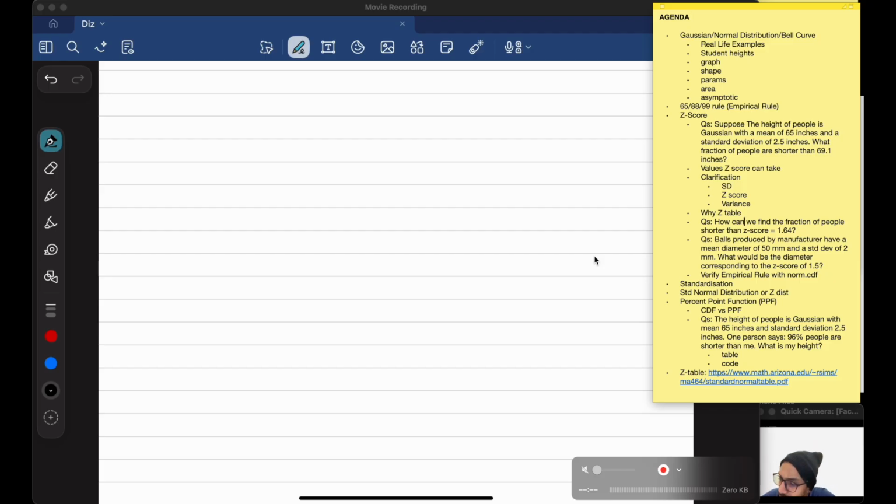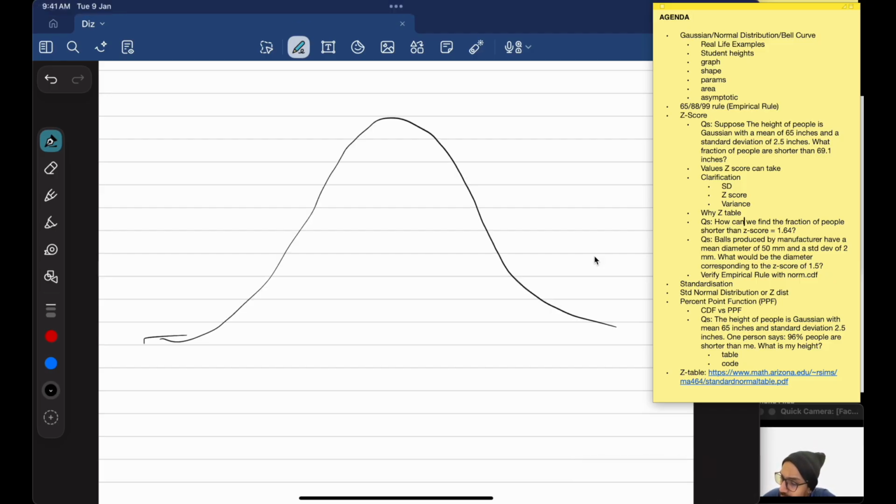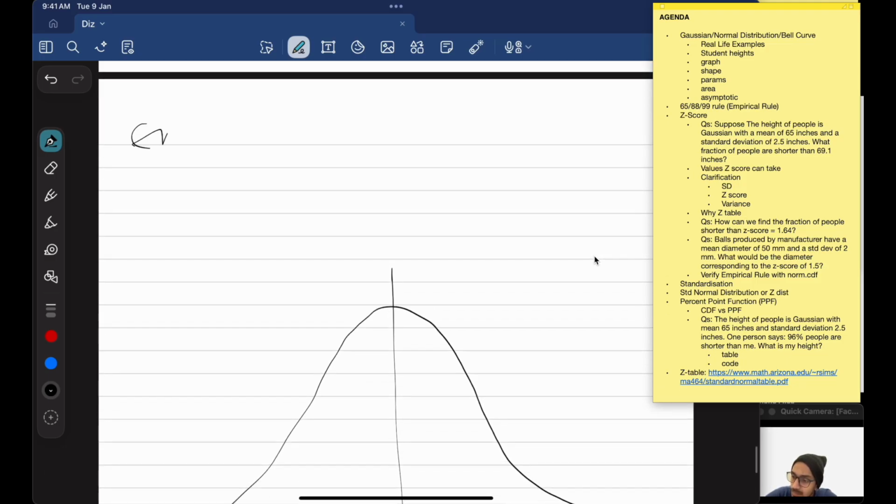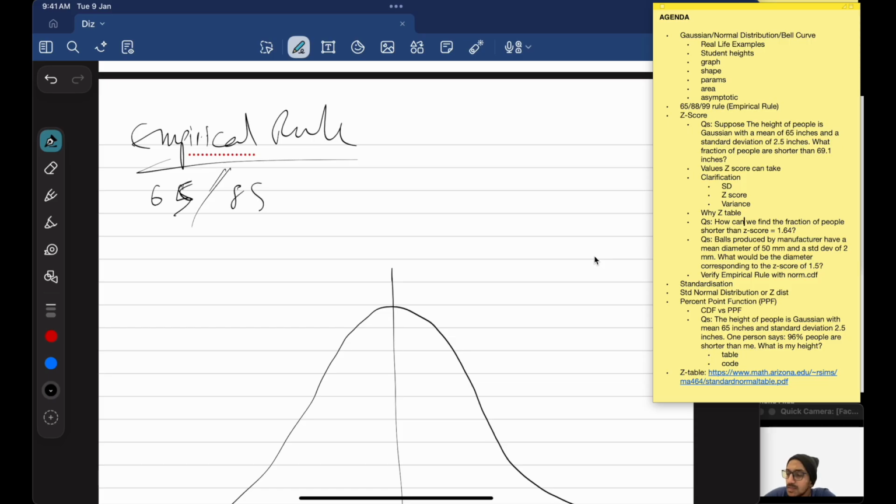So for the normal distribution, the empirical rule, which is nothing but the 68, 95, 99 rule, 99.7 actually.